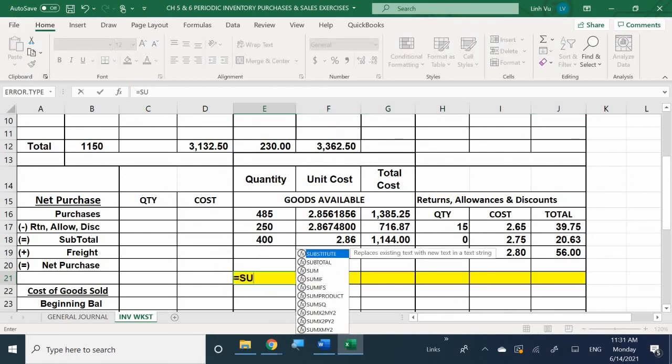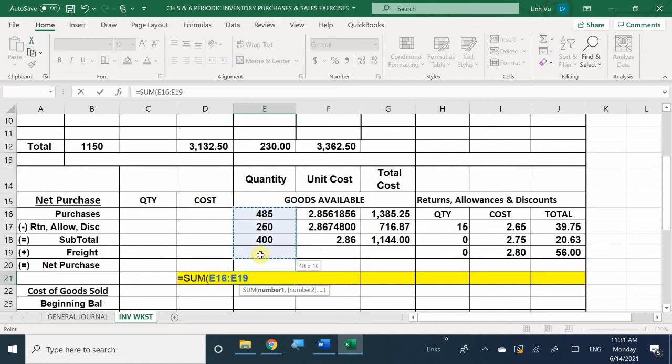And I'm going to highlight that so I know these are totals. So in grand total, how many goods do I actually have available after I've returned and discounted stuff?